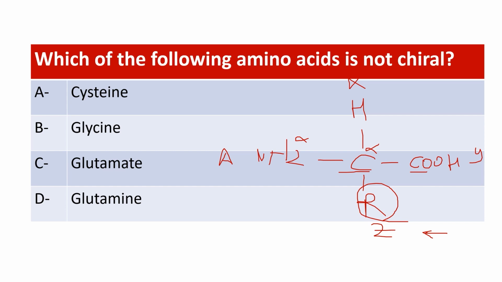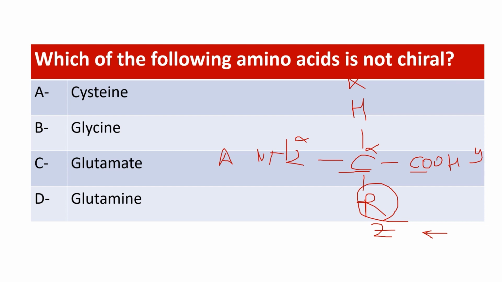If the R is other than hydrogen, the amino acids are chiral. But if it is hydrogen or maybe another amino or carboxyl, there will be no chiral carbon. And amino acids usually contain these 4 different groups attached to an alpha carbon. If all 4 groups attached to the alpha carbon are different from each other, the amino acid is chiral and can take the form of 2 different enantiomers, mirror images.